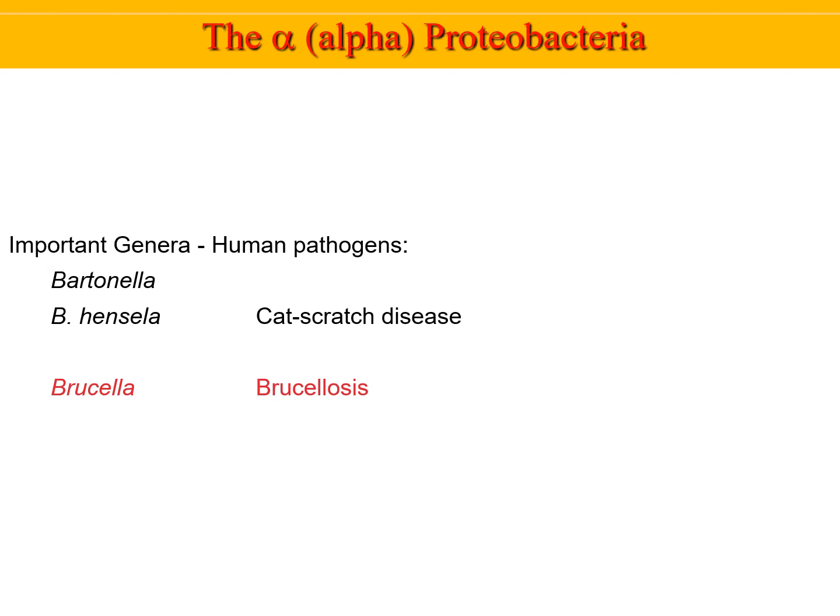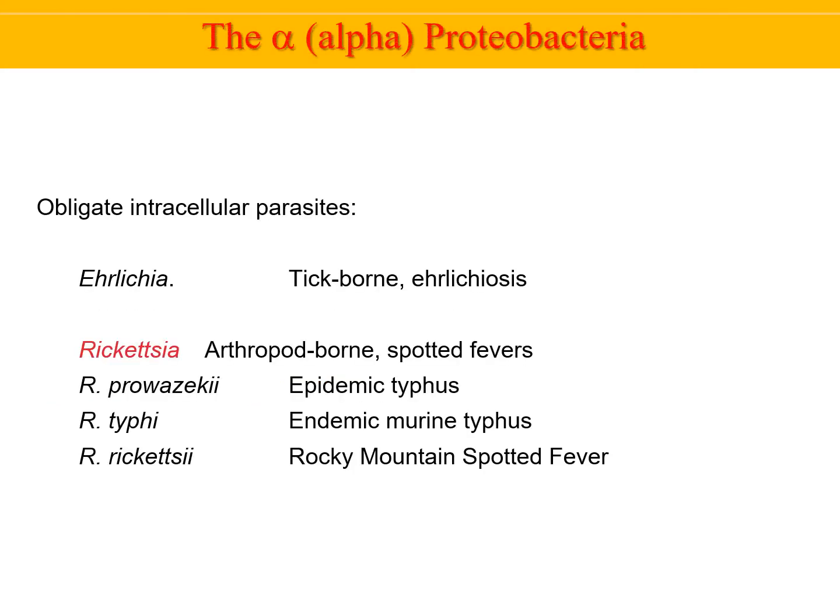Are there important genera among these bacteria that are pathogenic in humans? Yes. This genus Brucella does cause brucellosis. Enough said. Rickettsia, this genus, and there are several species out there that can cause disease.